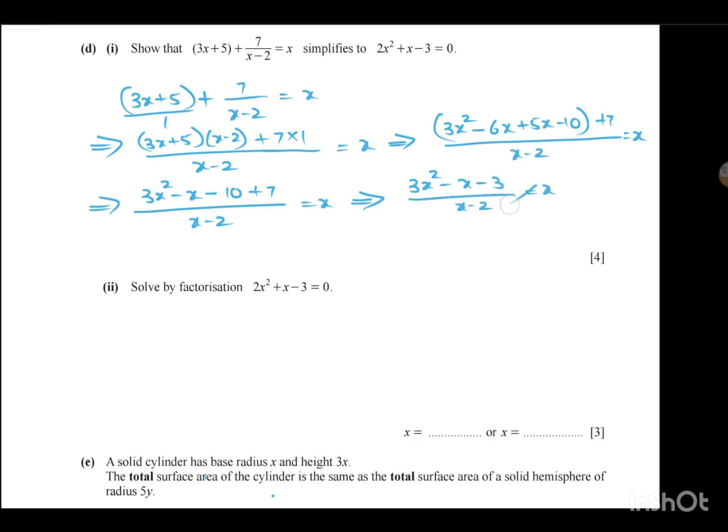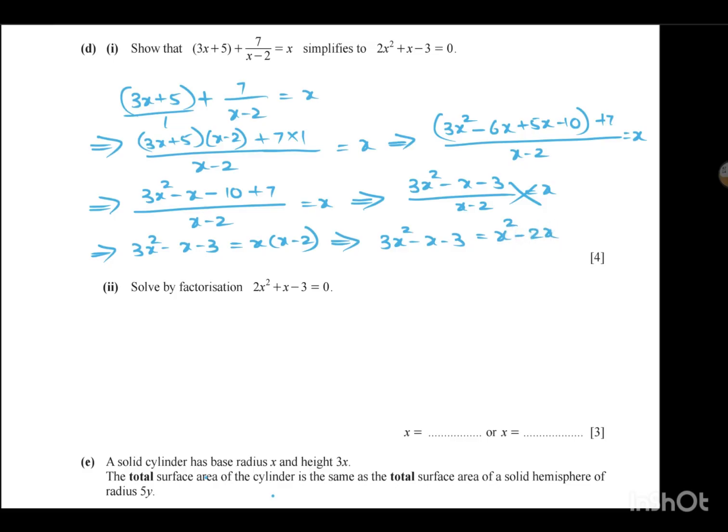Now cross multiply, you get 3x square minus x minus 3 is equal to x into x minus 2. Then next, left hand side you write as it is, and the right hand side you will multiply the brackets, you get x square minus 2x.